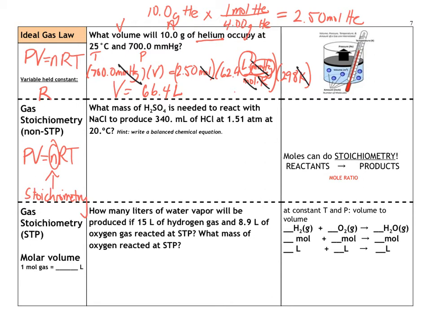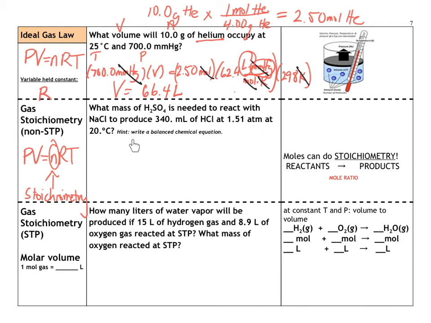So we're going to first have to figure out why this problem right here is a stoichiometry problem. So let's take a quick read of this problem. We have the mass of sulfuric acid needed to react with sodium chloride to produce 340 milliliters of hydrogen chloride at 1.51 atm at 20 degrees Celsius.